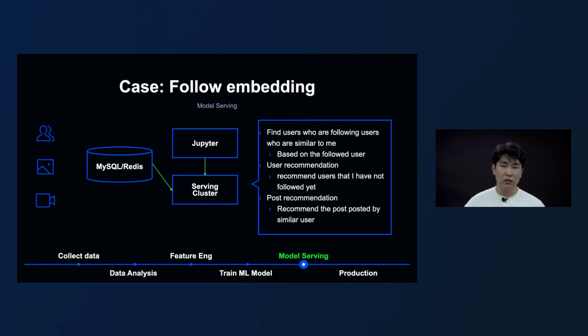And the scenarios that we reviewed for the following embedding consisted of two scenarios in which a similar user is recommended or the user's post is recommended based on similarity between users. As I have said before, because we needed a separate environment, we created a Docker image, and through a new cluster, we created a Jupyter notebook in it.